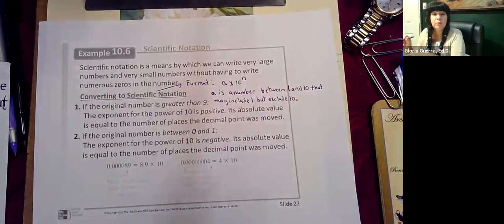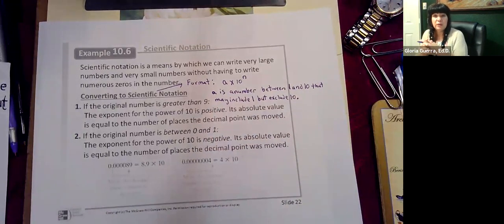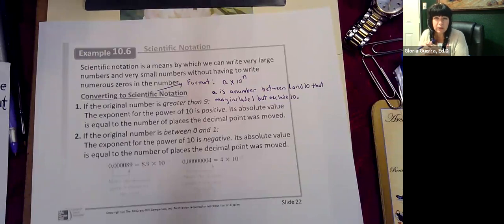Okay, so it's a number between 1 and 10. It could actually equal 1. So 1 times 10 to the fifth power, for example, but it cannot include 10. It can include 1, but not 10. And then any number between 1 and 10.